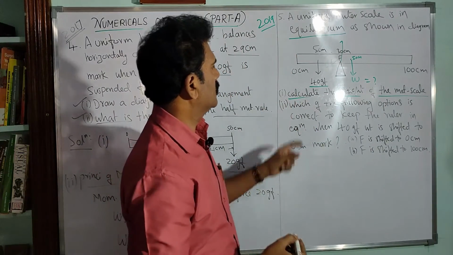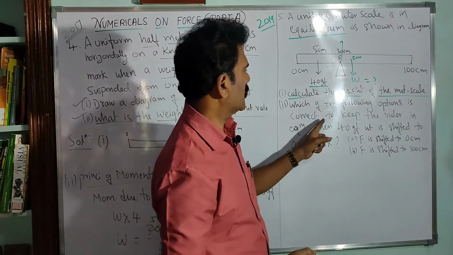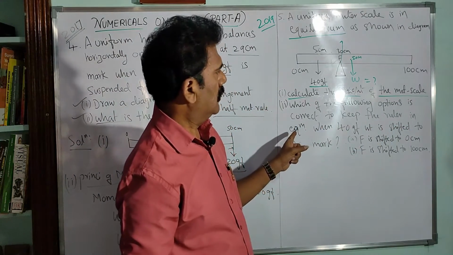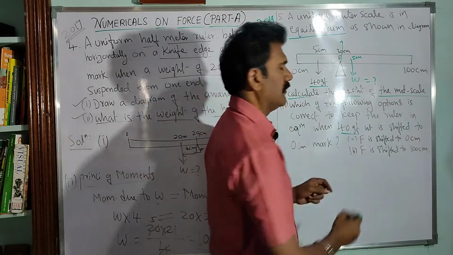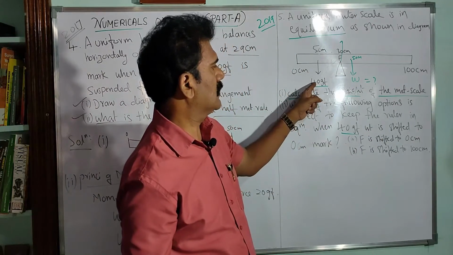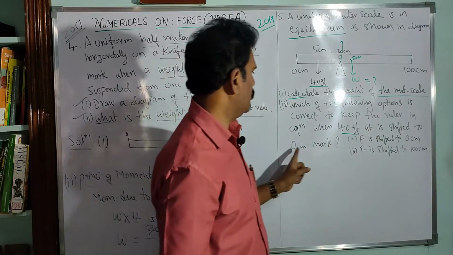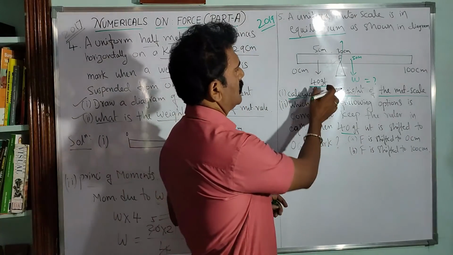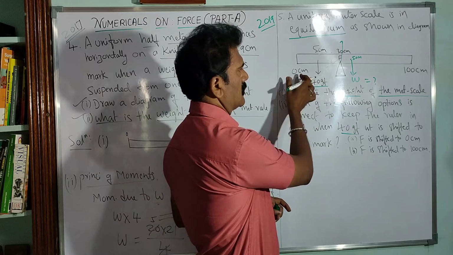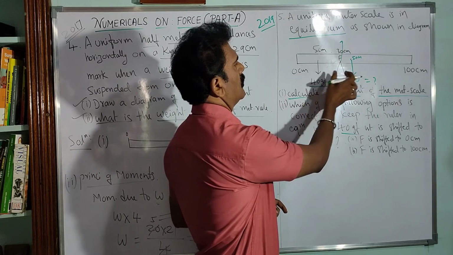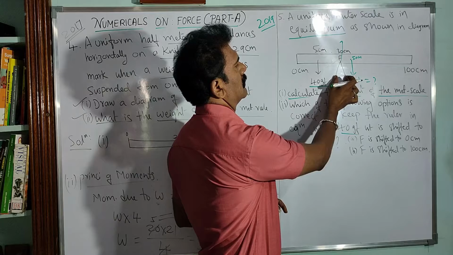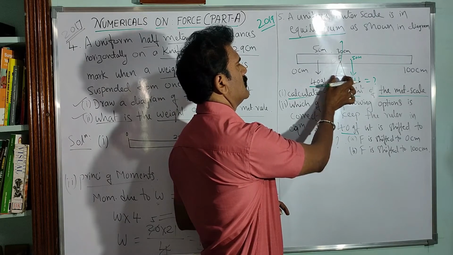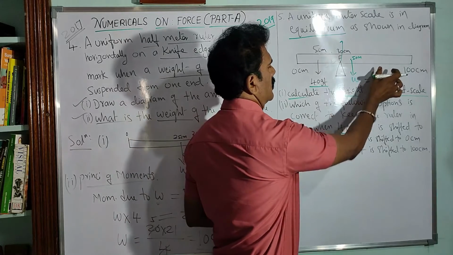Next, which of the following options is correct to keep the ruler in equilibrium again when this 40 GF weight is shifted to the 0 centimeter mark? When you shift the 40 GF towards the 0 centimeter mark, where do you have to shift the fulcrum position, that is F? F should be shifted either towards 0 or towards 100 centimeter.